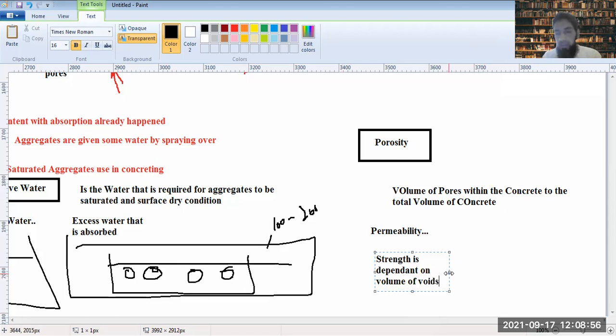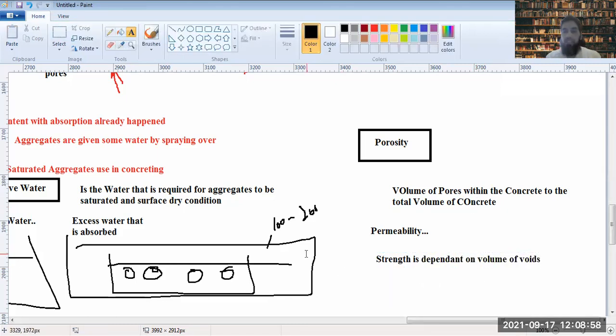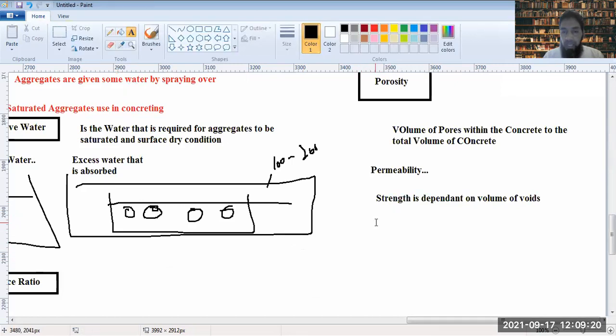You have a total volume of voids within the concrete, and the strength will be dependent on the voids. The more voids, the more spaces between the gels, so strength will naturally decrease. You do not want the volume of voids to go up, so strength is inversely proportional to the volume of voids. Now, voids do not contain only water.